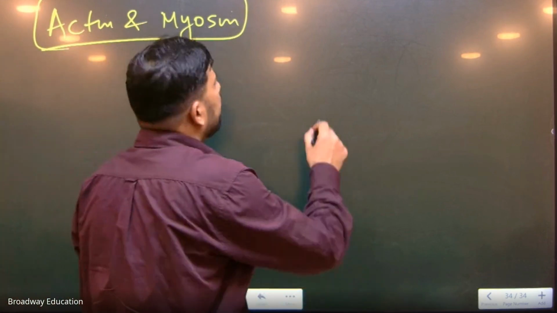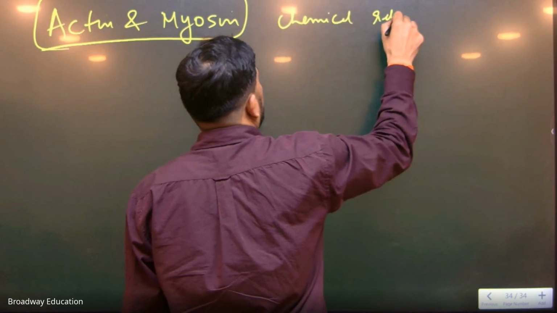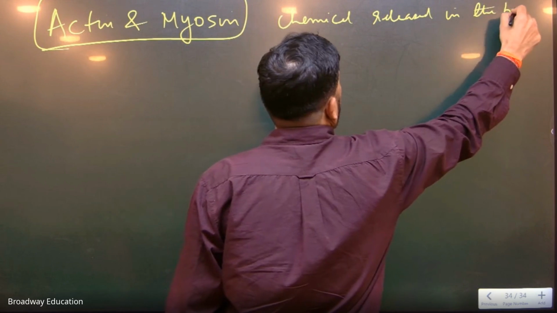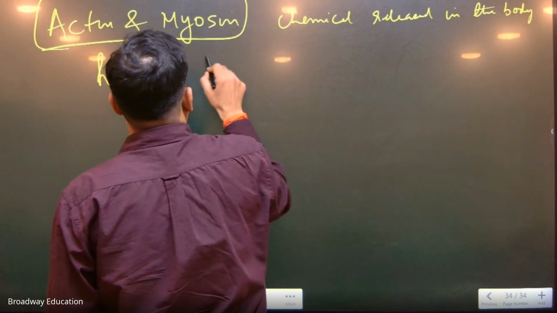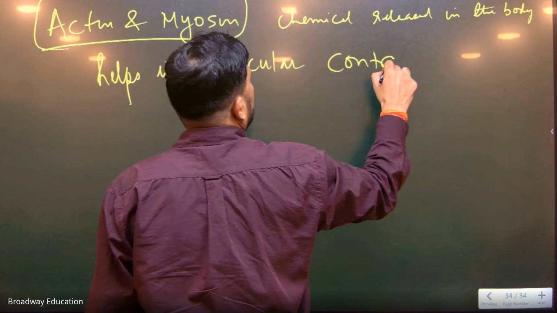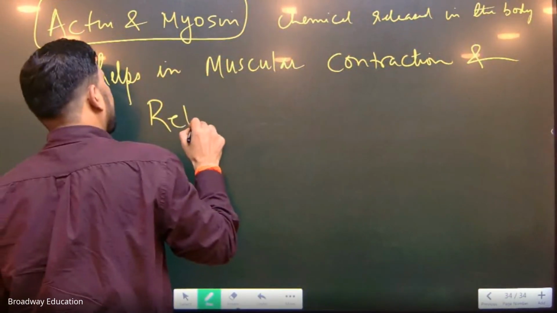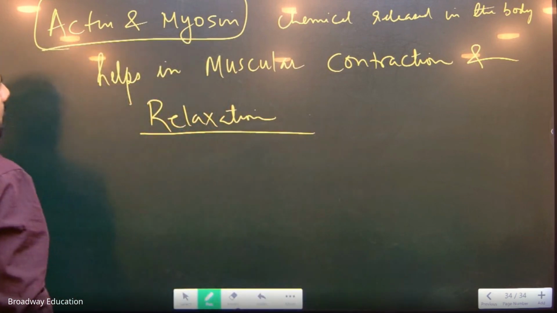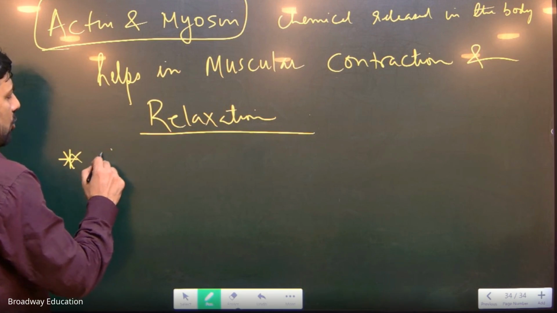Actin and myosin are chemicals released in the body that help in muscular contraction and relaxation. There is one more protein which is responsible for this: the contractile protein.